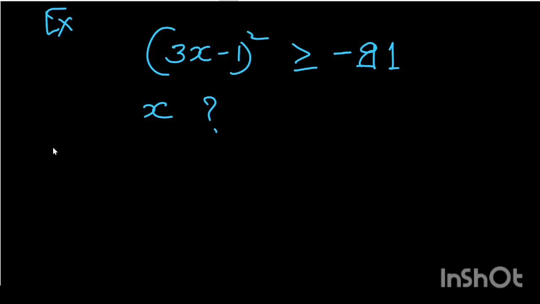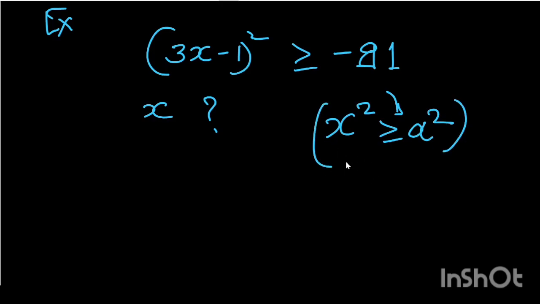My question to you is, can we use that result that we derived, x square greater than or equal to alpha square, which is x greater than or equal to alpha, or x less than or equal to minus alpha? Can we use that? So the answer is yes or no.